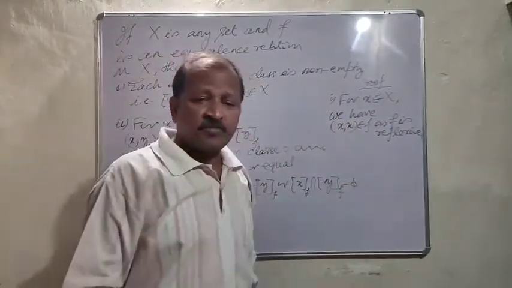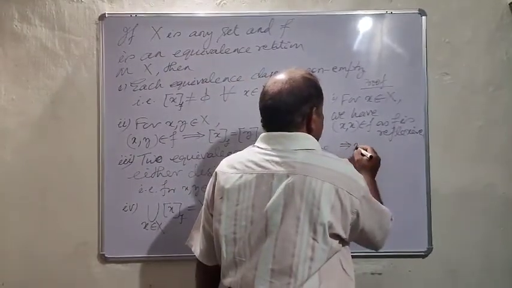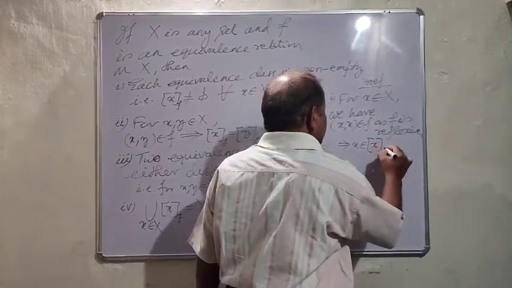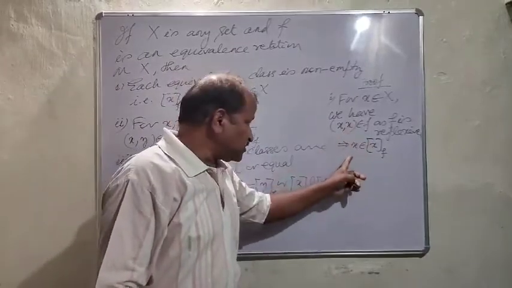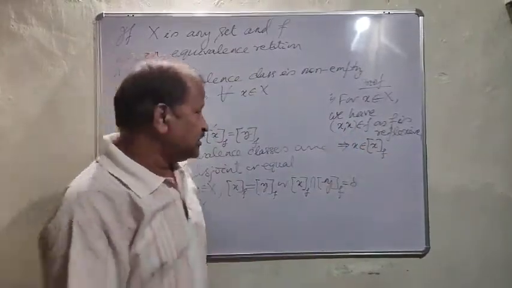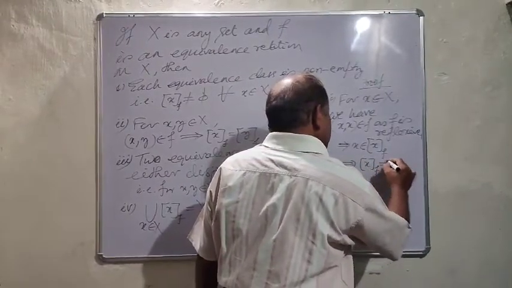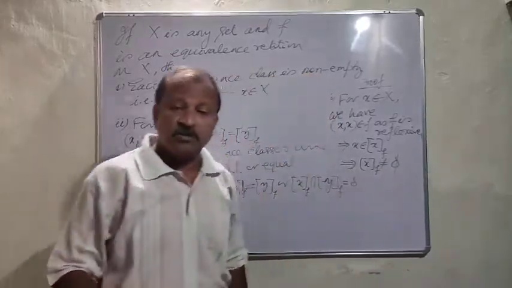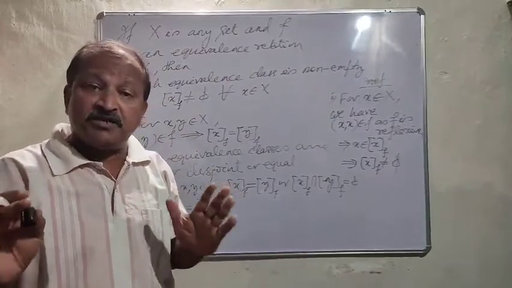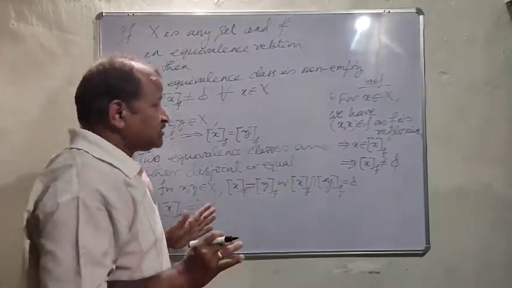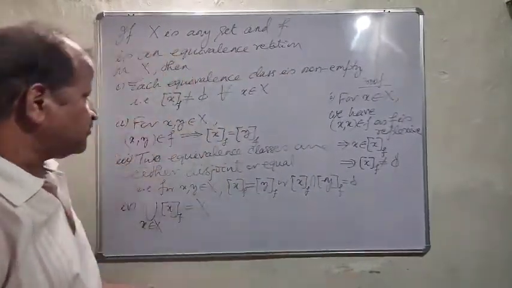This implies x belongs to the equivalence class of x, so the equivalence class of x is non-empty. From this we can conclude that each equivalence class is non-empty, right?